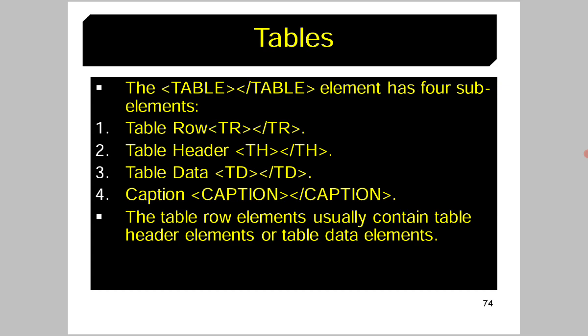The first row of a table is called the table headers, whereas the remaining rows are called table data elements. So these are the different tags generally used to create tables, table headings, table rows, table data, and captions in a table.